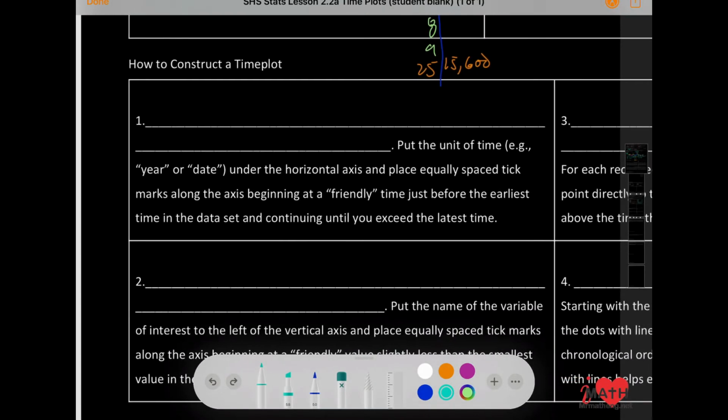Number 1, label and scale the time axis, which is the x-axis, the independent, the explanatory.